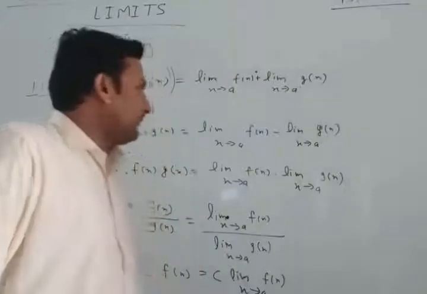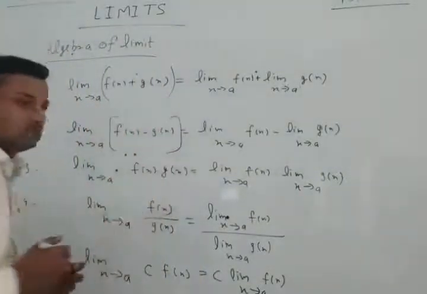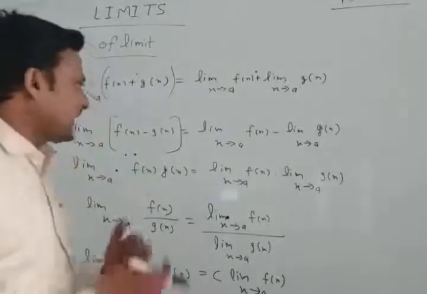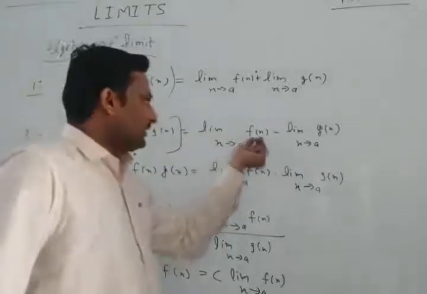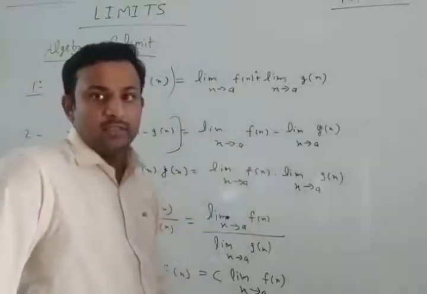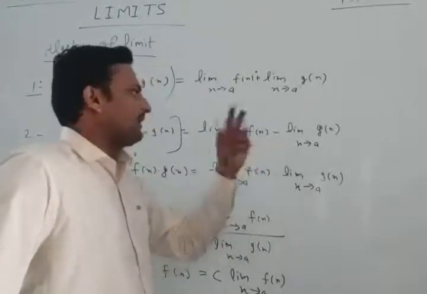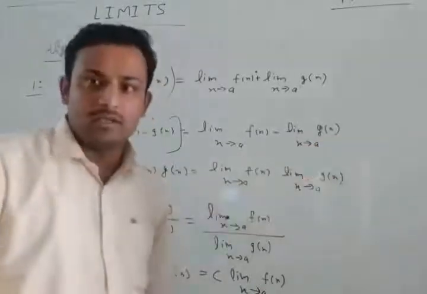Okay? Now if we are taking the difference of the two functions, the limit of the difference of the two functions is equal to the difference of the limits of the functions. Okay? Means limit x tends to a f(x) minus limit x tends to a g(x).